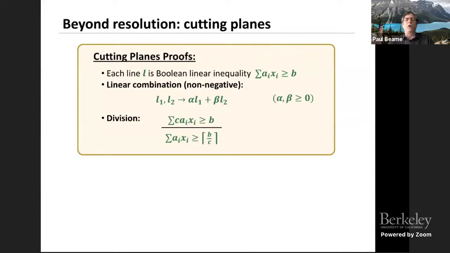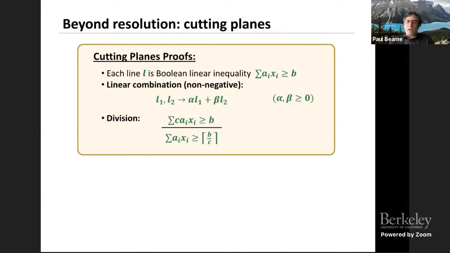If L1 and L2 are non-negative, so is their non-negative linear integer combination. And also division. If we have a linear inequality where the left side has a common factor, we can divide it out. So the left side has integral values, and now the right-hand side is a fraction that could be rounded up because we know the left-hand side is an integer.